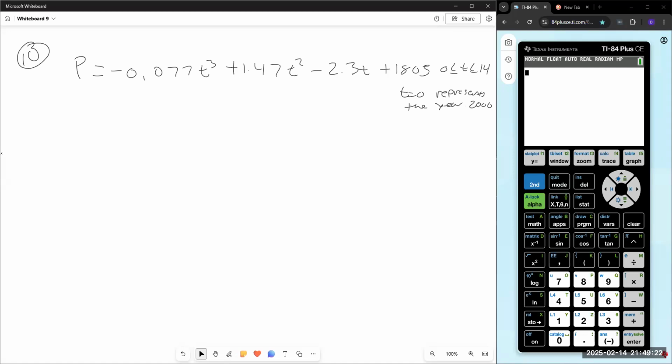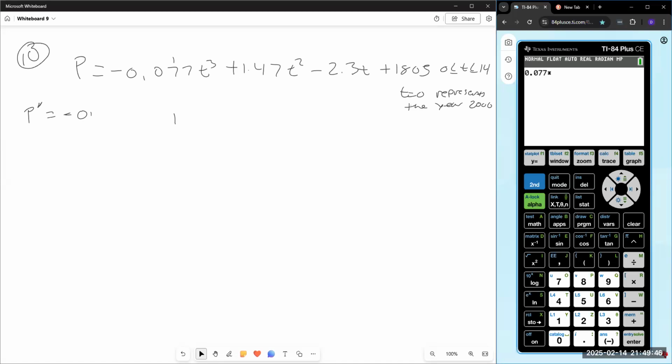So during which years was the population increasing or decreasing? We can use the first derivative test for that. P prime is negative 0.077 times 3, which is 0.231 T squared.